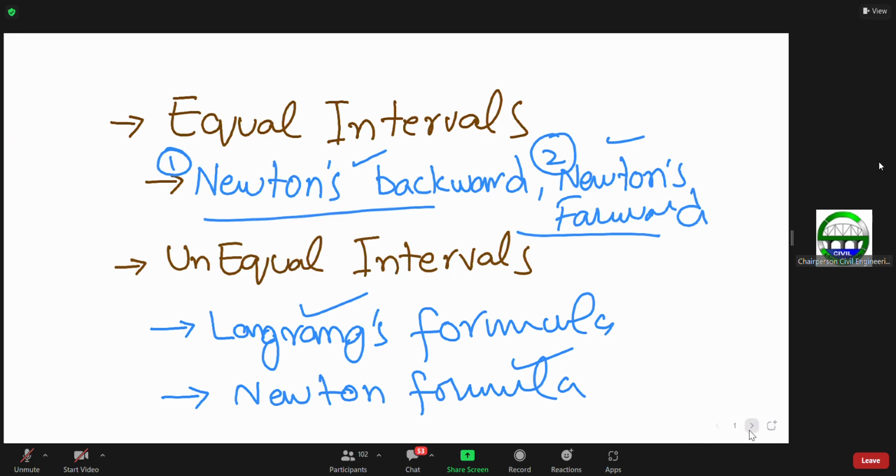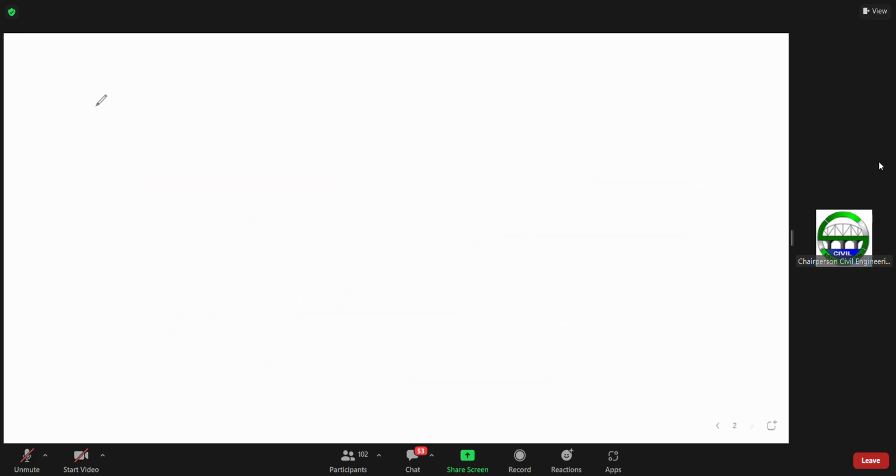Before we start, I will take one example, and we will use that example to understand the technique and the methodology.